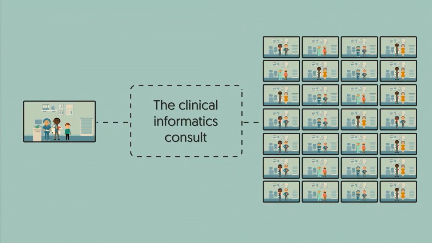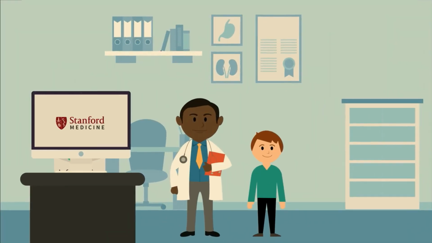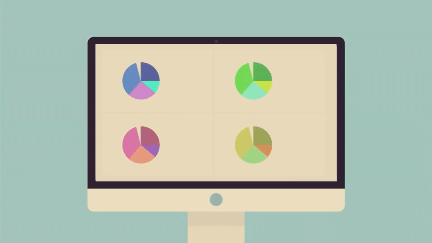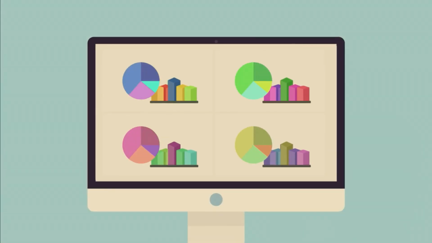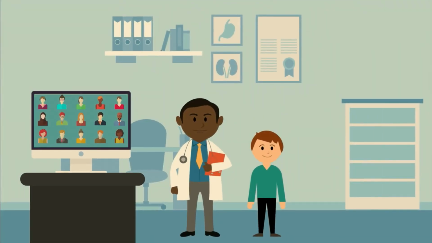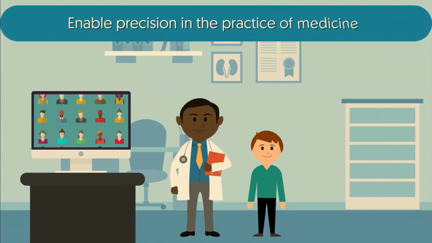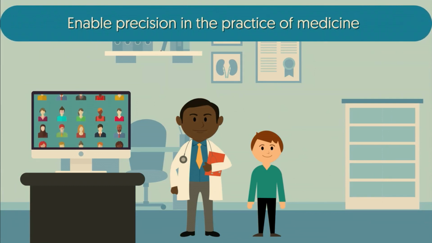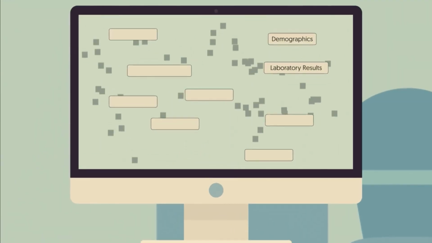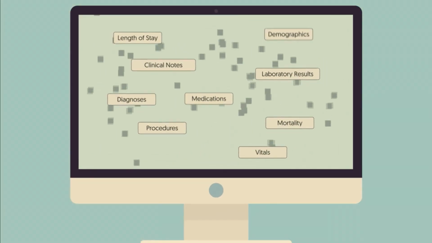The Clinical Informatics Consult makes it possible to aggregate data from over 150 million patient charts and obtain a summary of what happened in practice. These insights, derived from the accumulated experiences of other patients just like yours, enable precision in the practice of medicine. To provide our service, we first clean up the data present in the electronic health record.